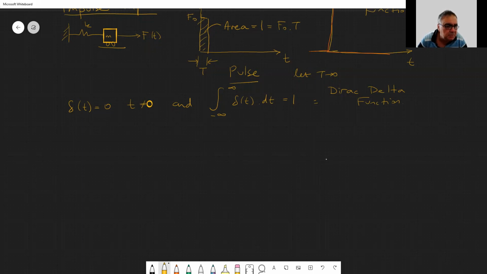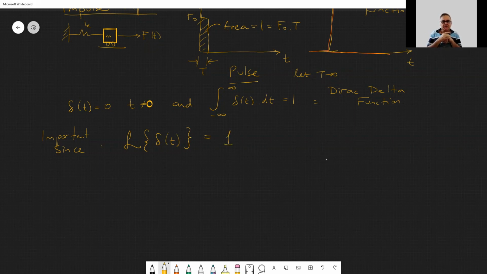This is important because of the following. The Laplace transform of this delta function is simply 1. Okay?